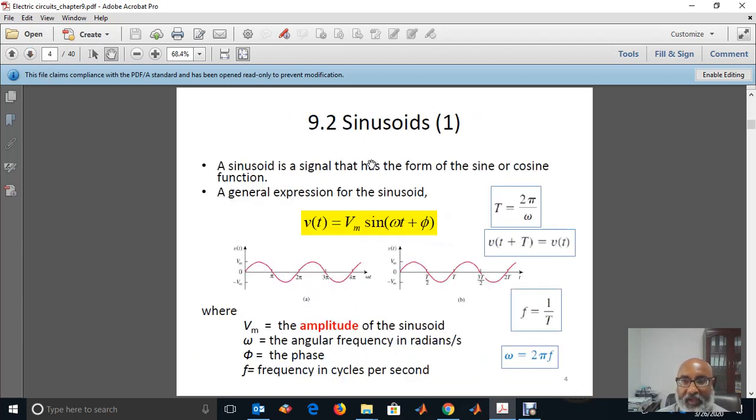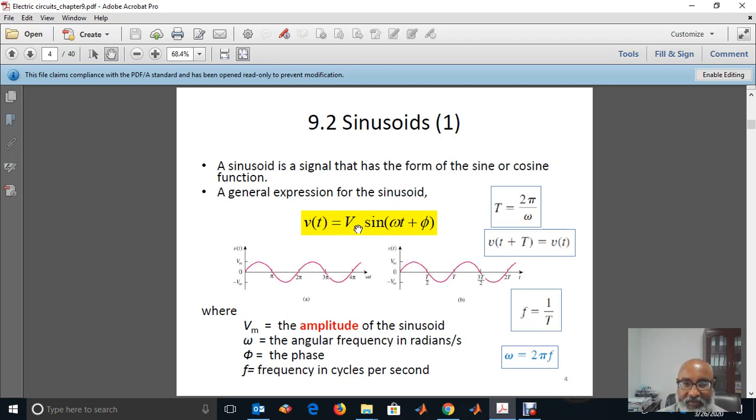As you know, AC inputs are most of the time sinusoids. A sinusoid means it is either a sine wave signal or a cosine wave signal. For example, the general form of a sine wave is represented by v(t) equals Vm sine(omega t plus phi).